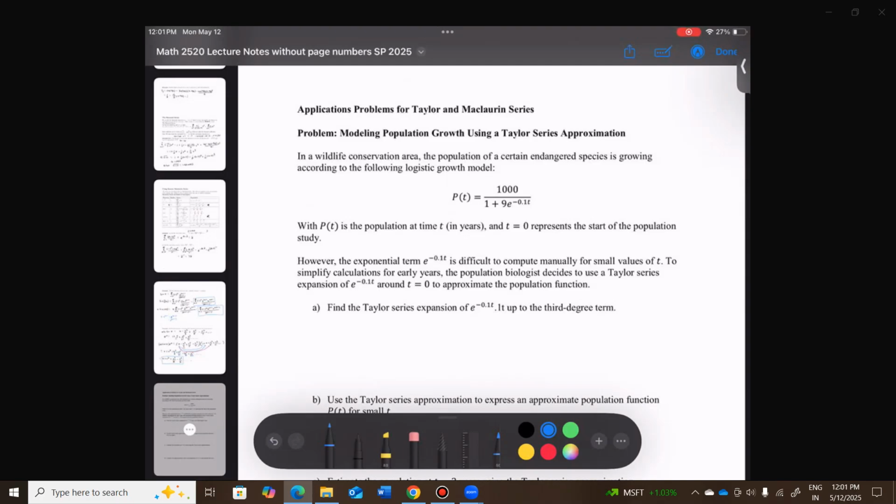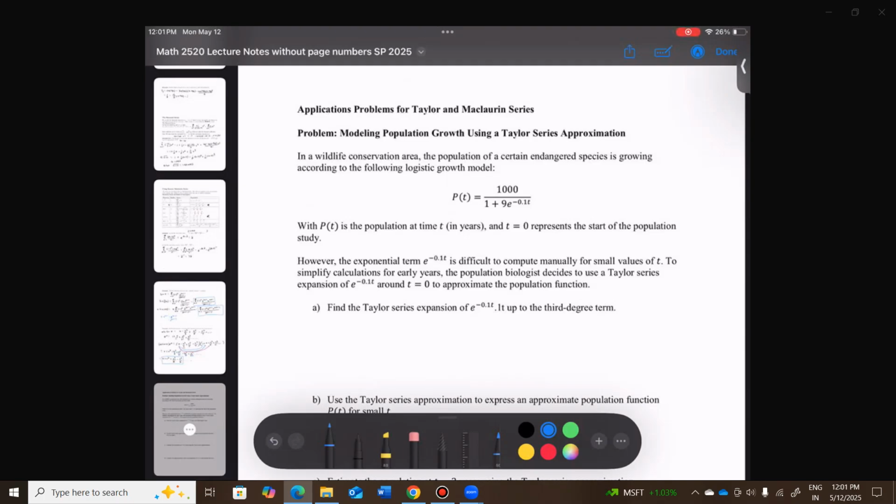The exponential term e to the negative 0.1 t is difficult to compute, mainly for small values of t. So to simplify calculations for early years, the population biologist decides to use a Taylor series, the expansion of e to the negative 0.1 t around t equals 0.